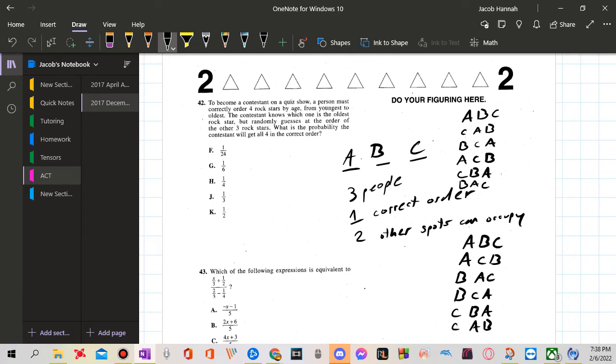So this is what I mean by two other spots that can occupy. So there's 3 sets of these. There's the A set, the B set, and the C set. So this makes for a total of 6 different possibilities.